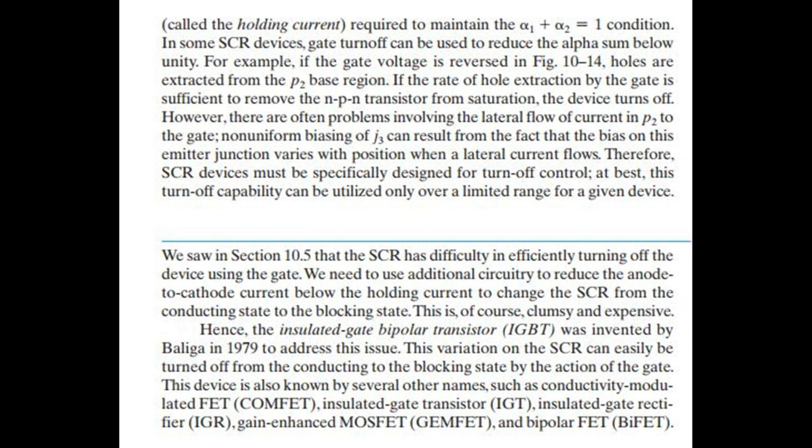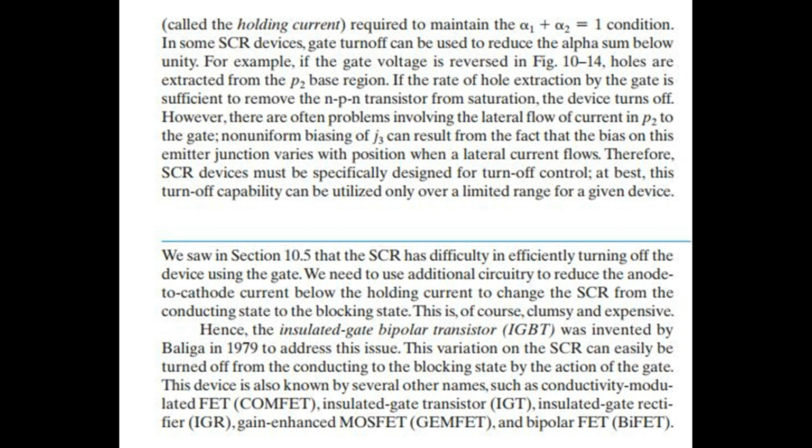However, there are often problems involving the lateral flow of current in P2 to the gate. Non-uniform biasing of J3 can result from the fact that the bias on this emitter junction varies with position when a lateral current flows. Therefore, silicon-controlled rectifier devices must be specifically designed for turn-off control. At best, this turn-off capability can be utilized only over a limited range for a given device.